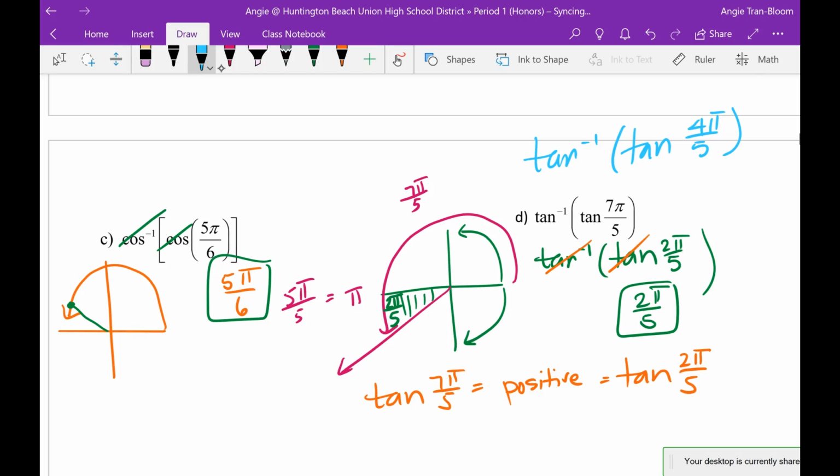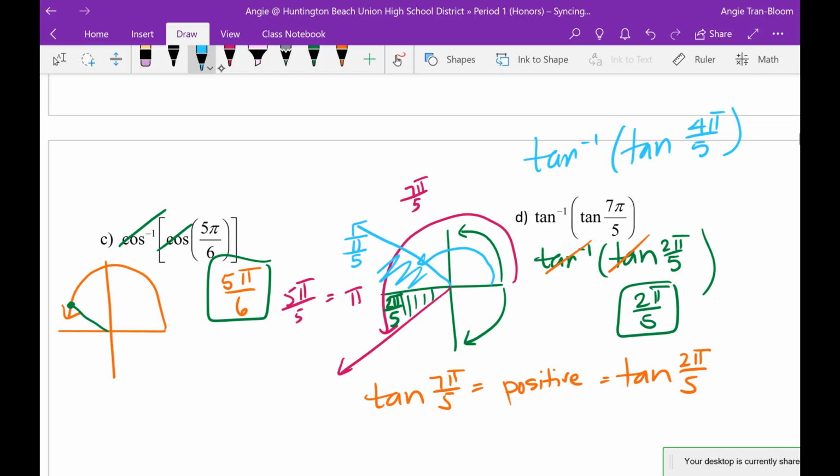Can you see that 4 pi over 5 is in what quadrant? It's second, right? Which still is not in the restriction. But what is this reference angle? Pi over 5.